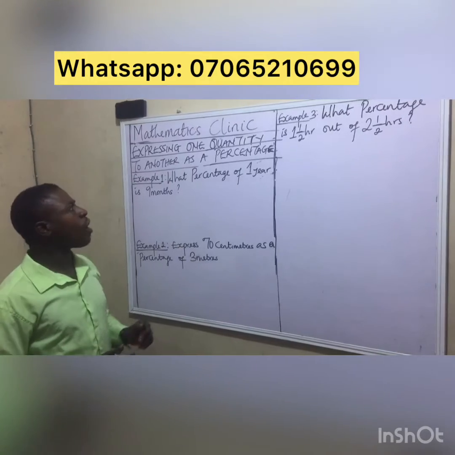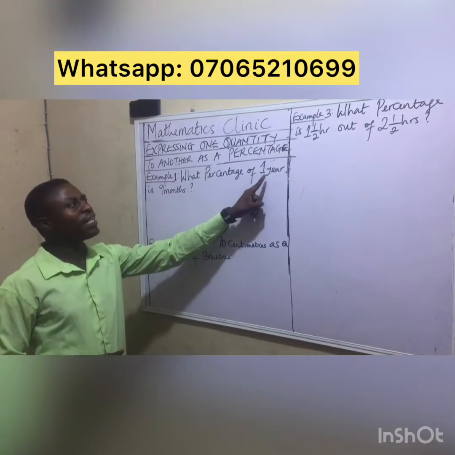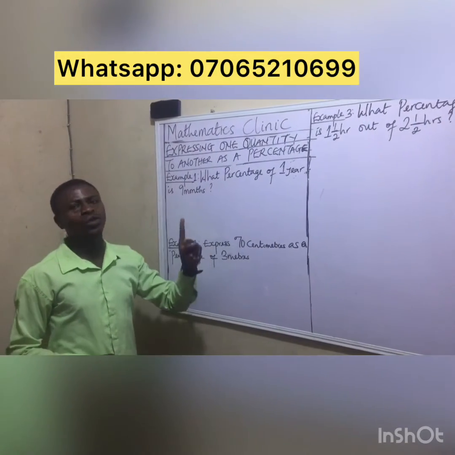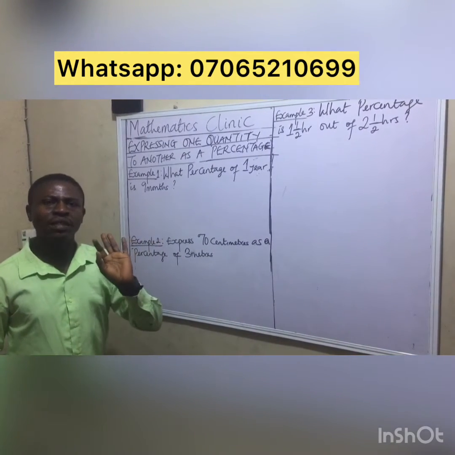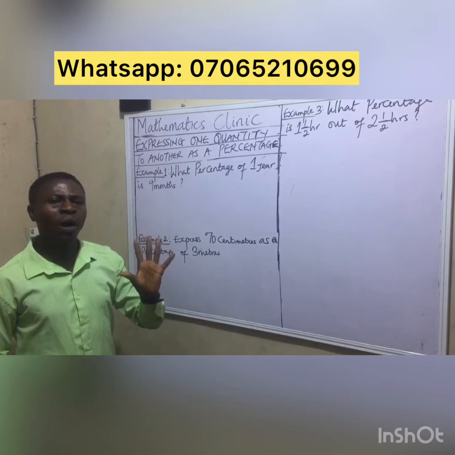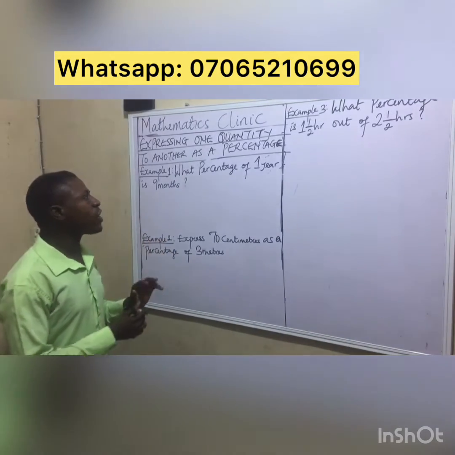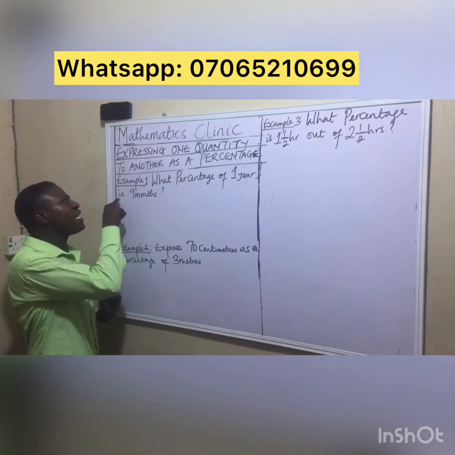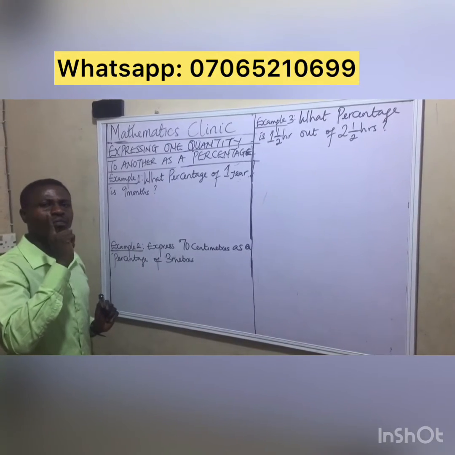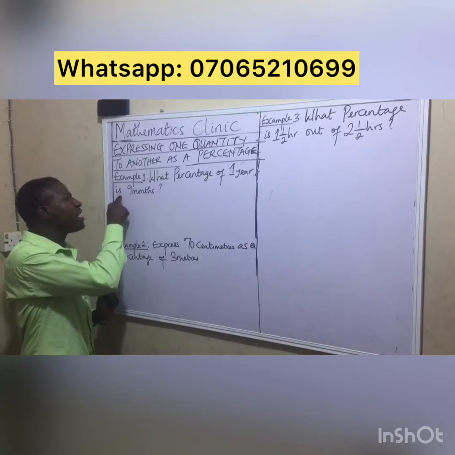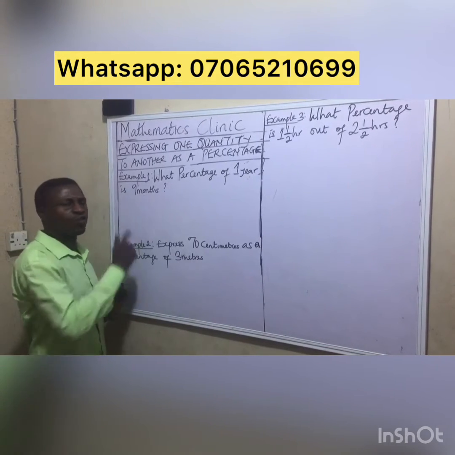Now let's look at example 1. What percentage of 1 year is 9 months? This one is somehow a bit logical, and this is what you're going to do. When you see something like this, any number that comes after "is" will be at the top. Are you getting it?